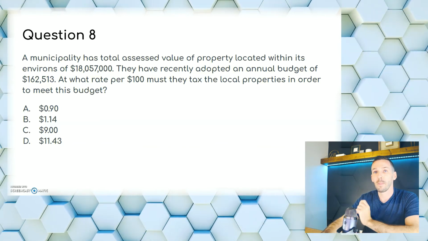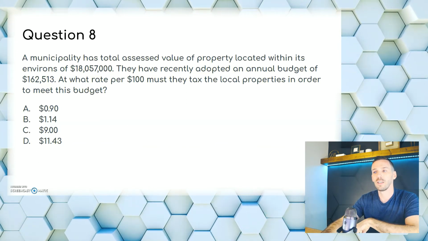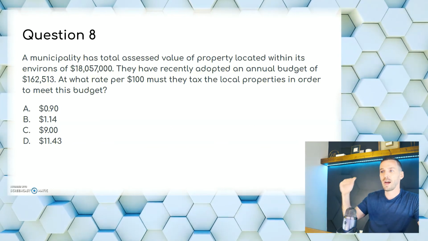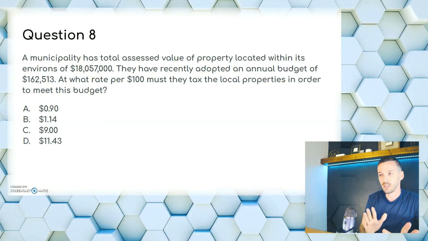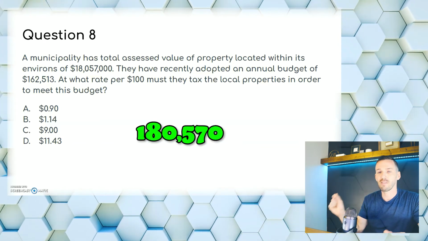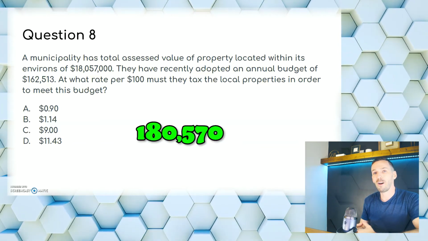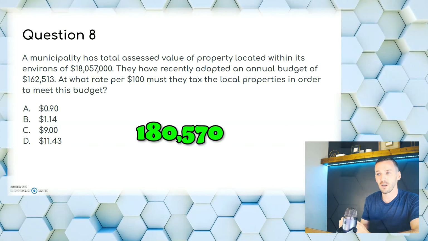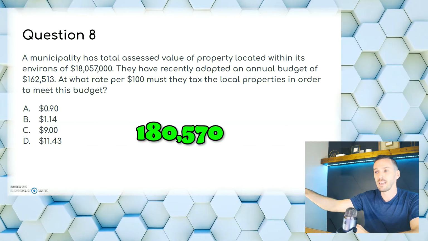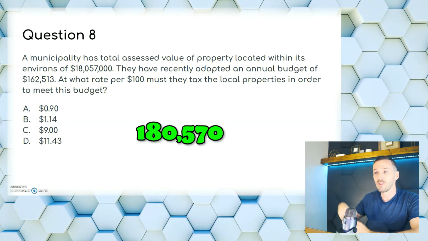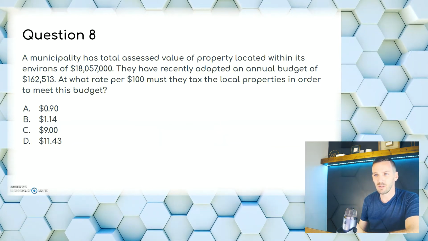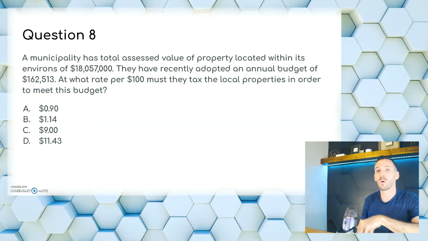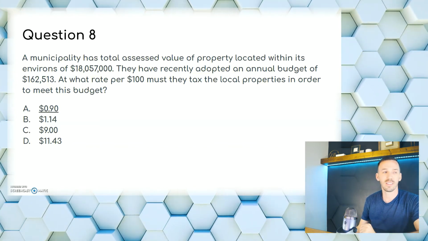So here's another per $100 question. $18,057,000 divided by $100 is $180,570. Now divide the $162,513 by that $180,570 to get a 90-cent tax rate. You may be tempted to select $9 here, but it's per 100. The answer is A.